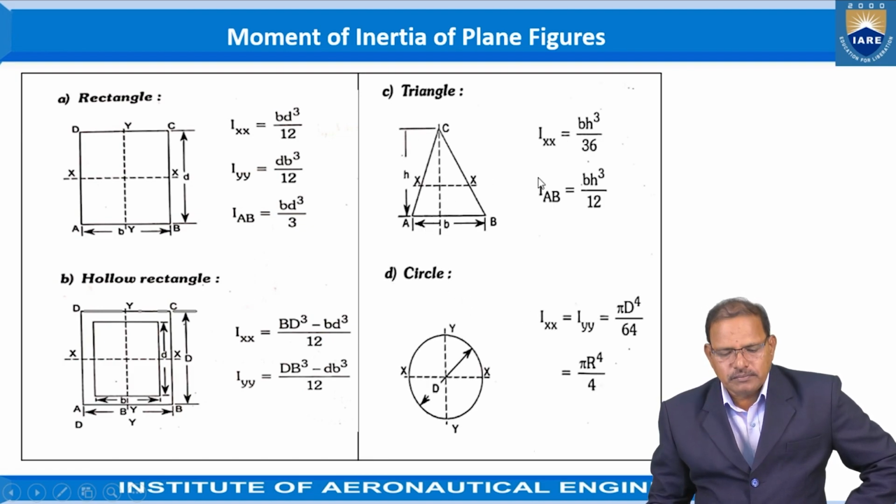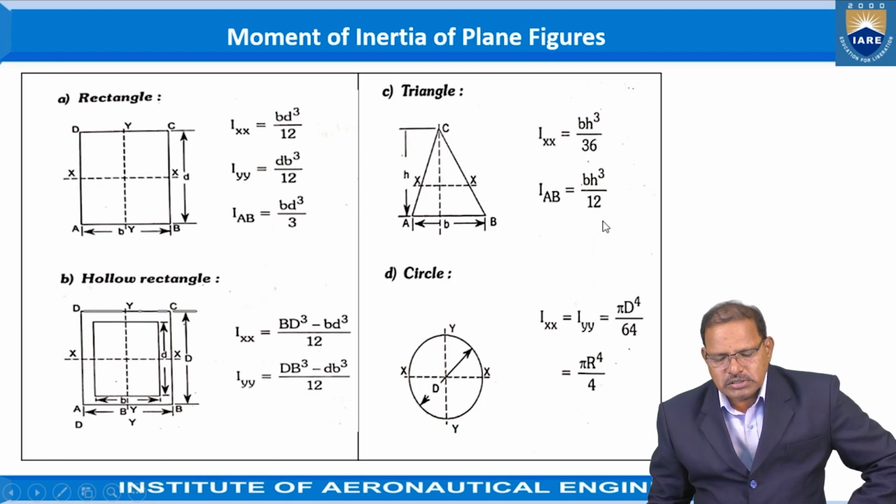For the triangle, the moment of inertia about its central axis, which is parallel to AB, is given by BH cube by 36, and the moment of inertia about the base AB is given by BH cube by 12.